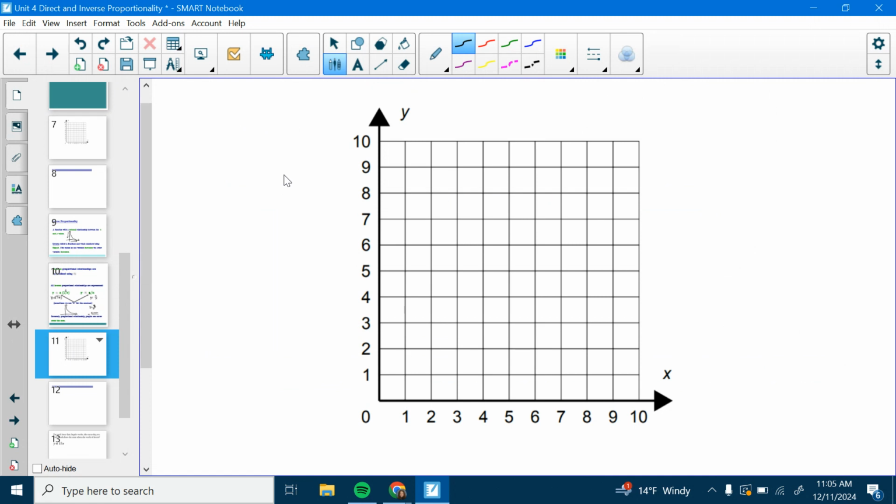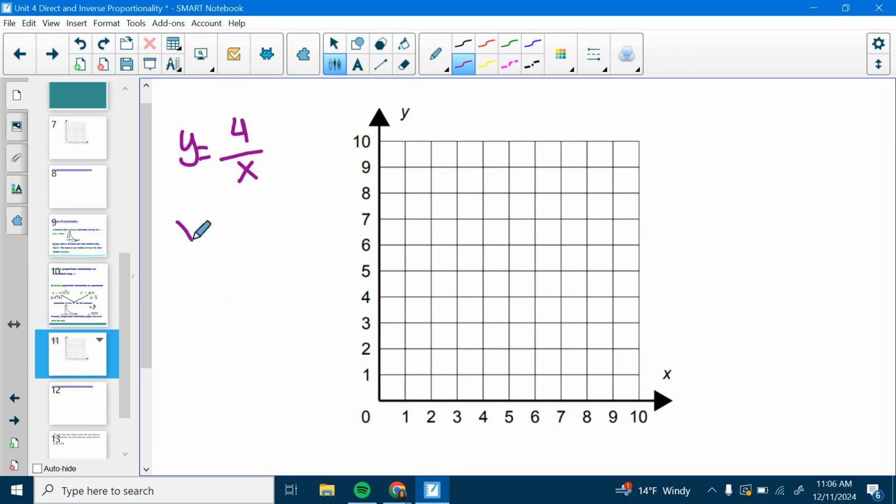Some examples, or an example for you, okay? Here I have a graph, and I'm going to graph an inverse proportional, y is equal to, let's do 4 over x, okay?